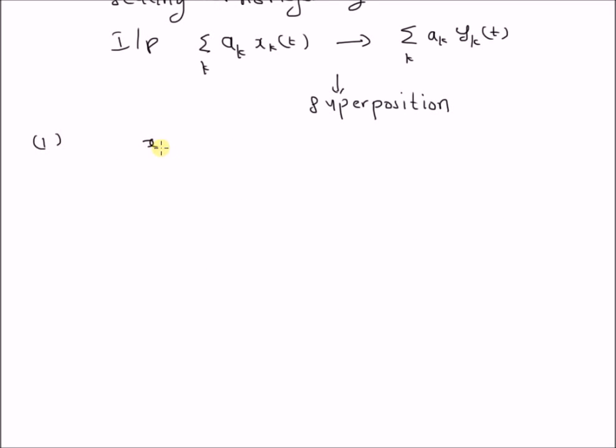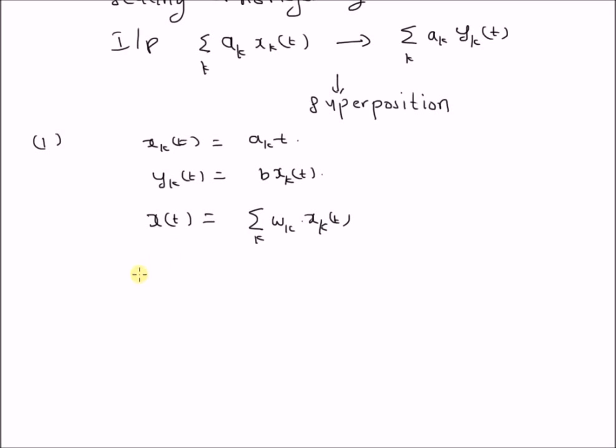Consider an input xk of t, and consider an output yk of t. Then when the total input is x of t equal to the sum over k of wk times xk of t, the system is linear if the output is also equal to the sum over k of wk times yk of t.